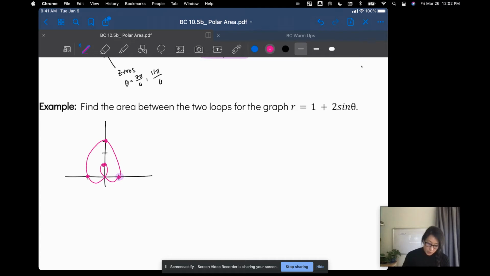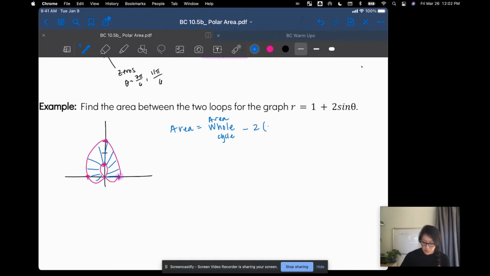So what I want to do is only find the area that is from the loop to the outer curve. So this is kind of like the last one. What I'm going to do is take the area of the whole cycle, minus 2 of the inner loops.